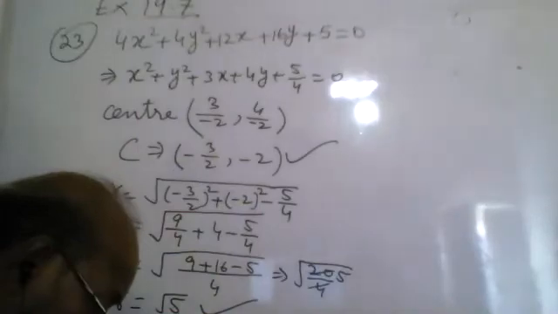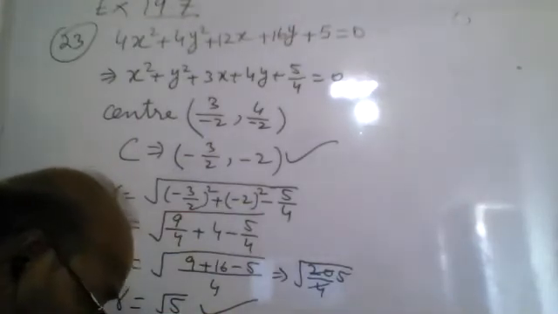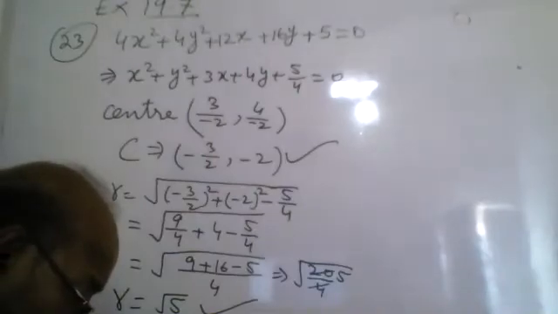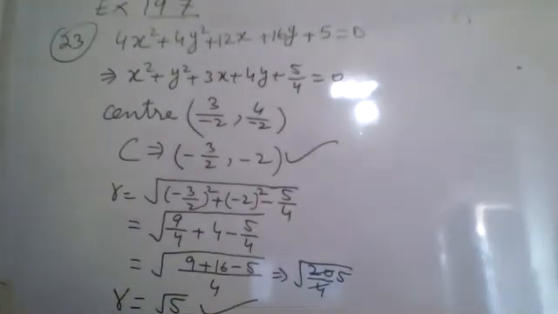Now after that, question number 25 to 30, determine which is a point circle and which is an imaginary circle.